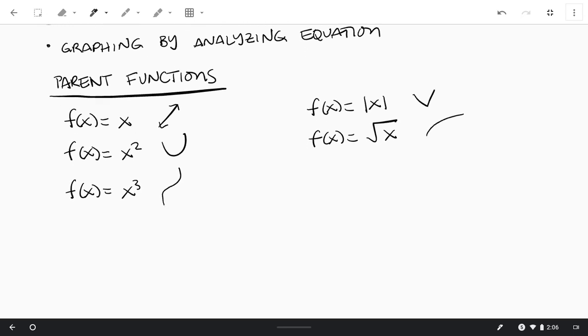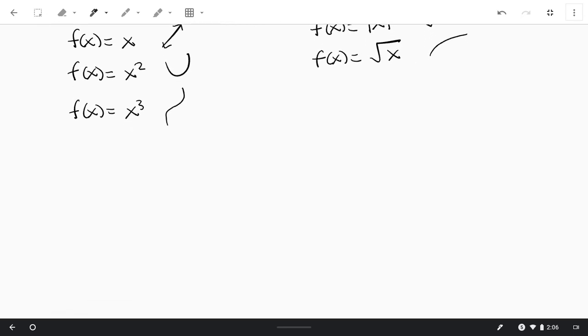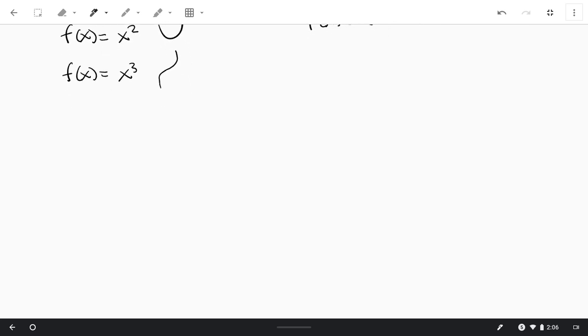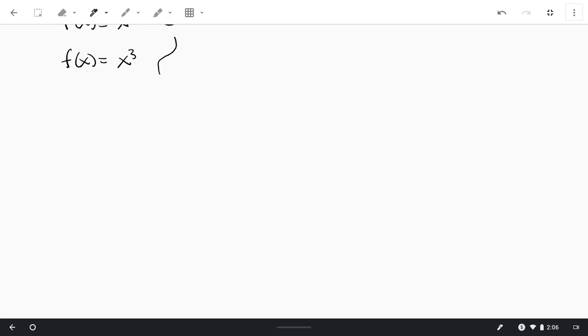We're going to first take a look at transformations that deal with shifting these basic functions. The first one is vertical shifts, taking those parent graphs and shifting them up or down.